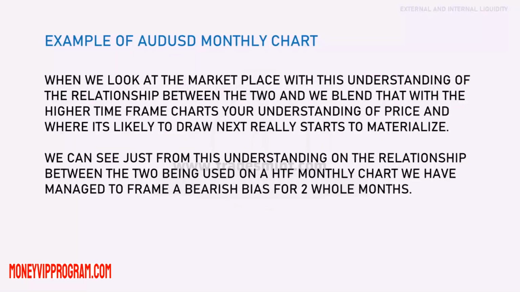When we look at the marketplace with this understanding of the relationship between the two, and we blend that with the higher time frame charts, your understanding of price and where it's likely to draw next should really start to materialize. We can see just from this understanding on a higher time frame monthly chart, we have managed to frame a bearish bias for the whole 2 months. So think about it, you can have a clear draw on liquidity for 2 entire months.